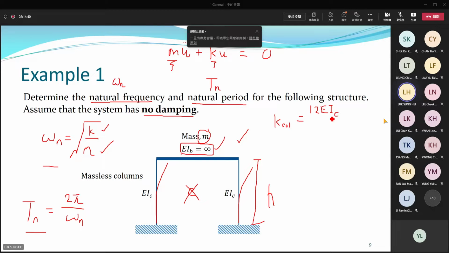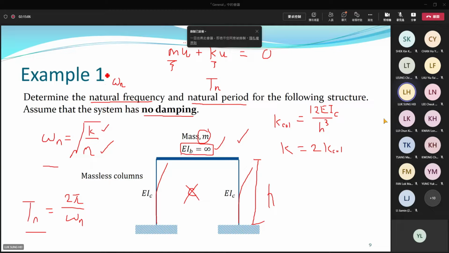This is what we found in topic 4. We have 2 columns, which means the system stiffness is equal to 2 times the column stiffness. Parallel system, right? So you can calculate column stiffness immediately, and then over mass, then you have the natural frequency, and then you have the natural period.